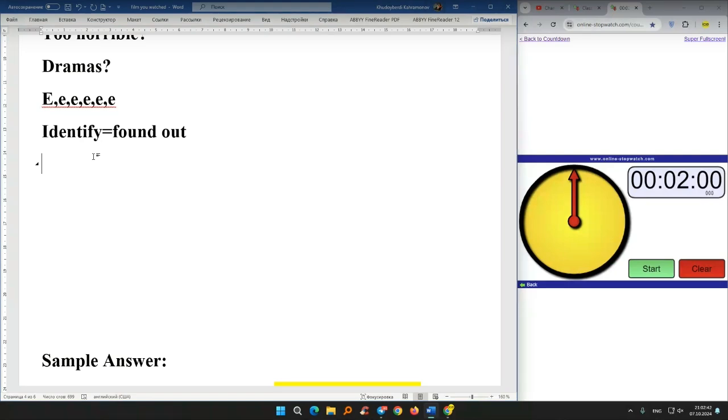And I just noticed some mistakes. Identify: don't say identify, but say find out, found out. You were talking about an episode where she identified something. She found out something, right?